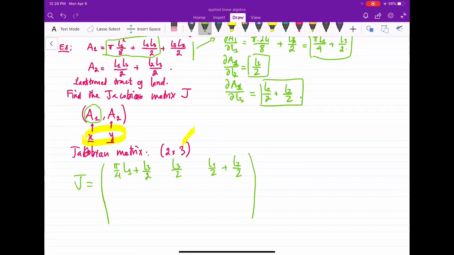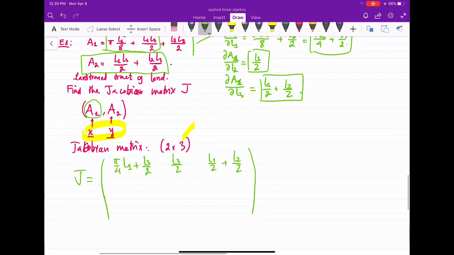So you need to find partial derivative of the function A2 with respect to L1 and L2 and L3. So I write it in short in here. With respect to L1, I have L3 over 2. With respect to L2, I have L3 over 2. And with respect to L3, I have L1 over 2 plus L2 over 2. So this is our Jacobian matrix.